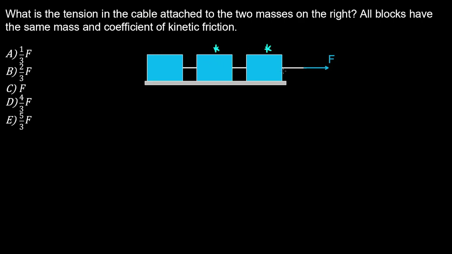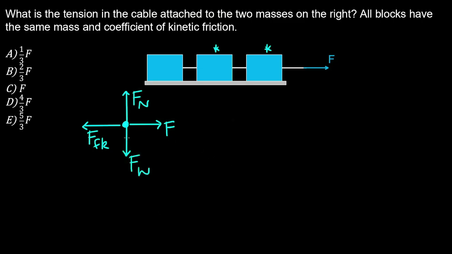So if we treat these 3 blocks as a system, so we treat them as a particle, therefore the external force acting on this particle is F. The kinetic friction force between the ground and each of these blocks, so this is the total kinetic friction force. And we have the normal force being the total normal force acting on these blocks, and the total force of weight.